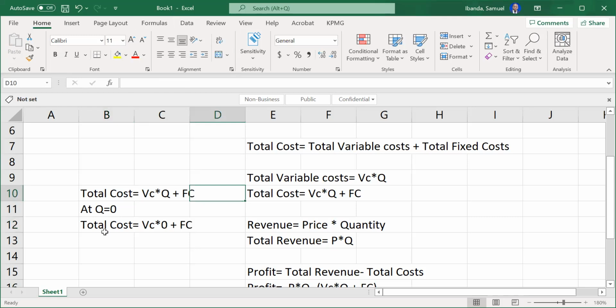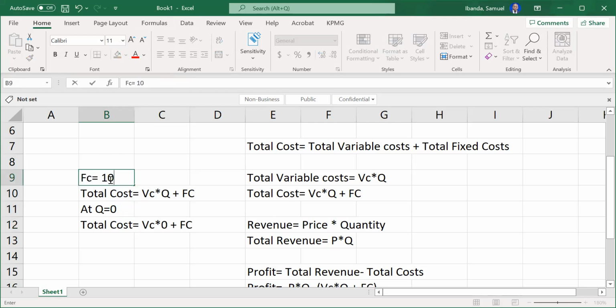So let's say our fixed costs were at 10,000, and maybe our variable cost per unit is at 5. It means you're going to have total costs of 5 times 0 plus 10,000.